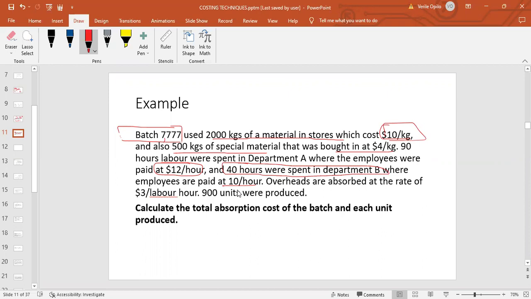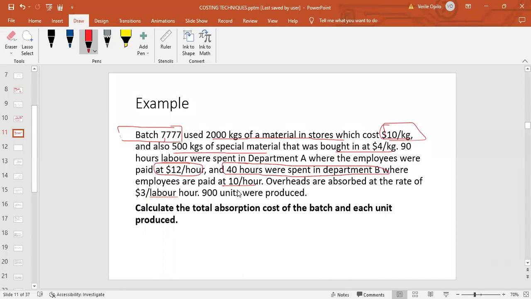The question is asking us to calculate the total absorption cost of the batch and of each unit produced. So I want us to accumulate these costs, know how much is the total material cost, the total labor cost, and the overheads.